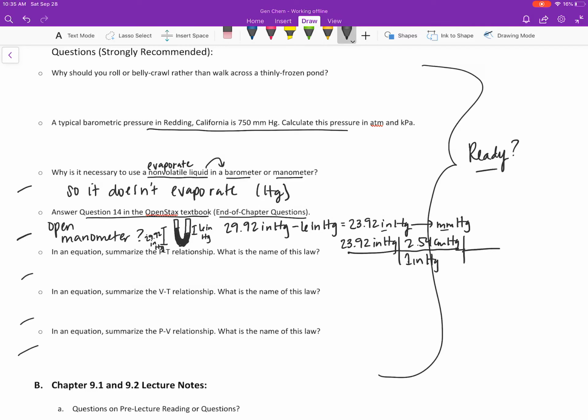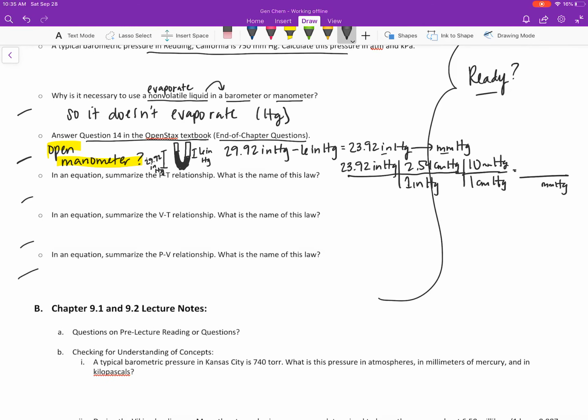In this case, 1 inch is 2.54 centimeters, and then we should know that 1 centimeter has 10 millimeters in it, so that goes way back to early lessons, and that will give me my answer in millimeters of mercury. So multiply all the way across. Okay. So open manometer questions are on the Sapling homework, but this should help you with it.